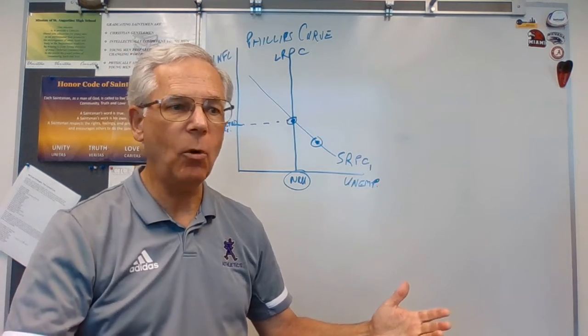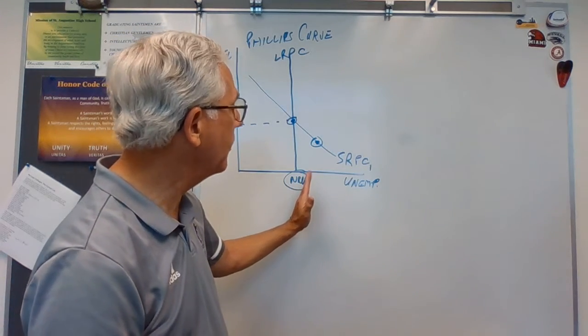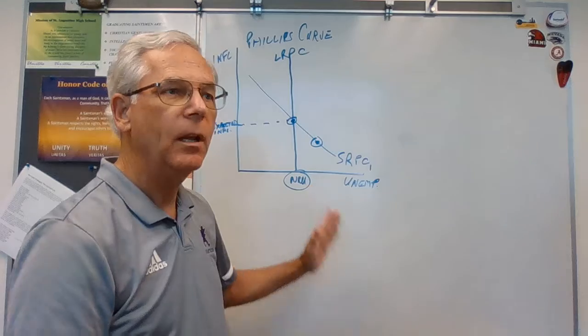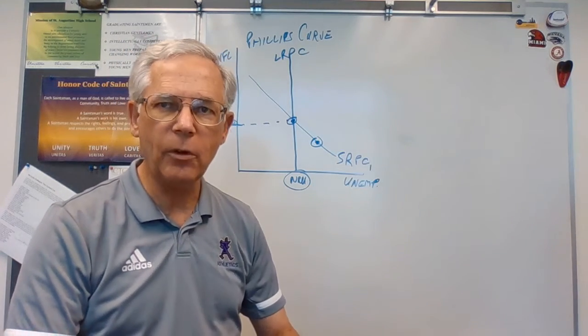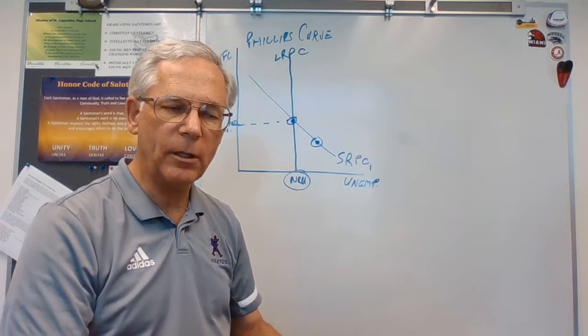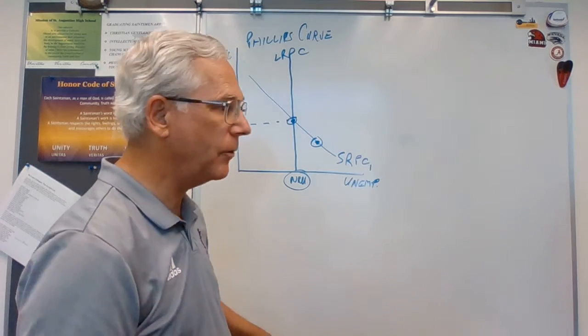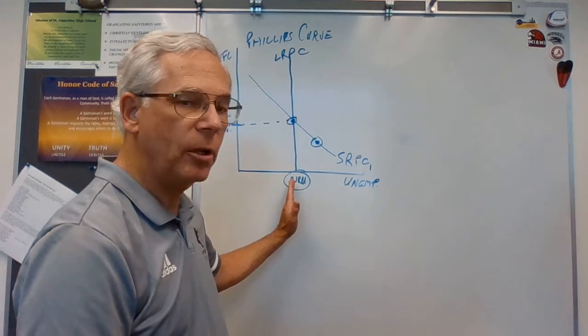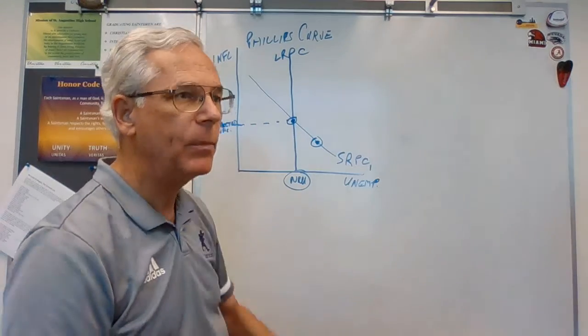There's less incentive to work, so the natural rate of unemployment would rise and the long-run Phillips curve would shift to the right. If we cut unemployment benefits, eliminate them or reduce them significantly, shorten the amount of time people can be on unemployment, more people are motivated to go out there and find a job, the natural rate of unemployment would fall, and the LRPC would shift to the left.